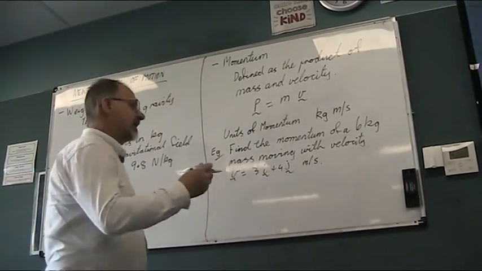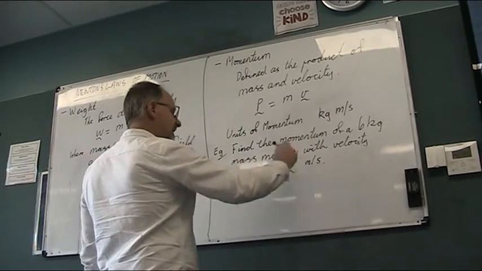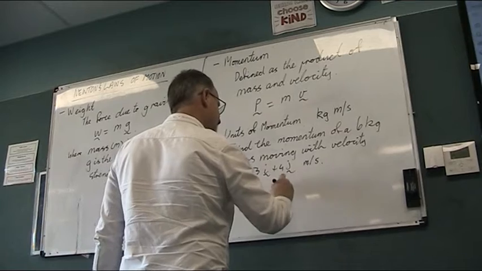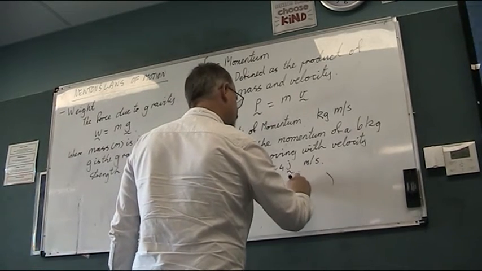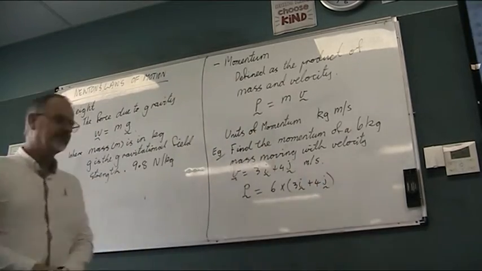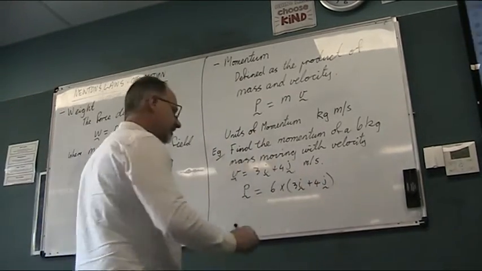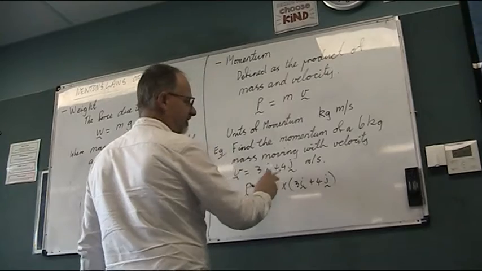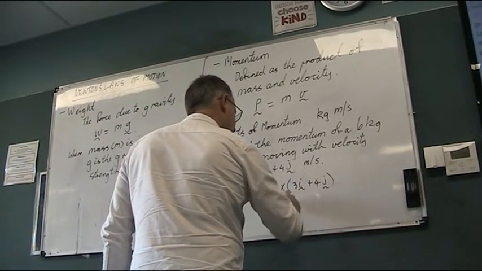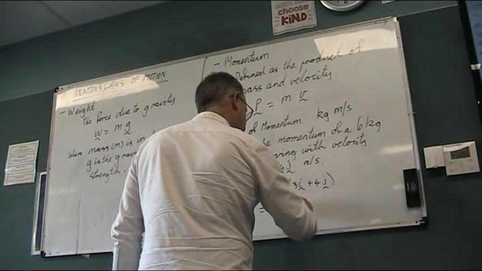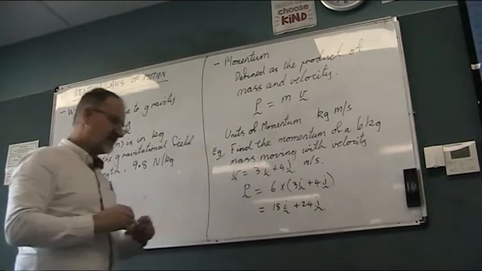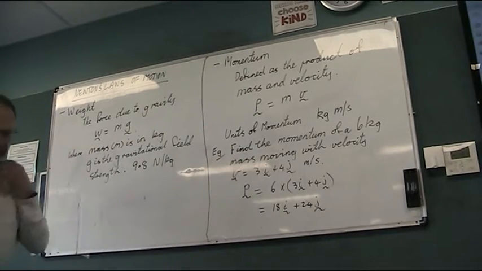And if that's the case, it's just simply a matter of us saying that the momentum would be the mass, which is 6, times our velocity vector, and because 6 is just a constant, we just multiply that in like we would if it was just expanding a bracket. So the momentum is 18i plus 24j.